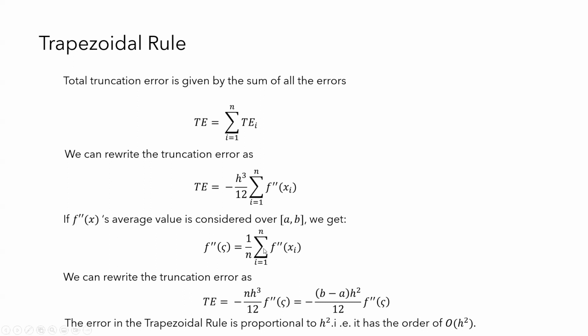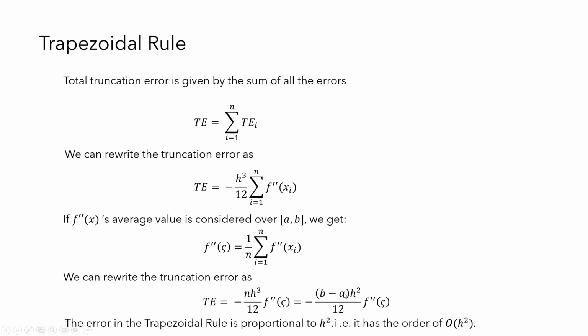So we calculate the average, and then we have n times h to the power 3 in the numerator, and nh means b minus a.